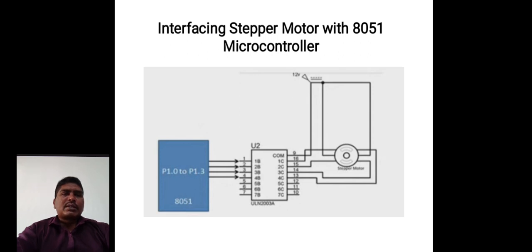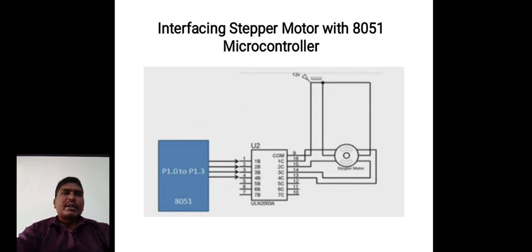The 4 coils are connected to the stator. Totally 4 coils are there. The 2 coils should be connected to a proper 12 volt supply, depending upon the stepper motor we are using, either unipolar or bipolar. Here we are using a unipolar stepper motor.